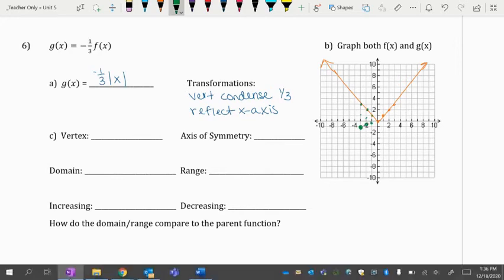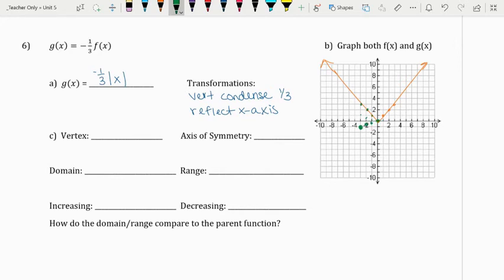And 0 divided by 3 is 0, and you can't flip it. So essentially what's happening is it's just flattening out over here, like this. Again, we'll get more work with it.